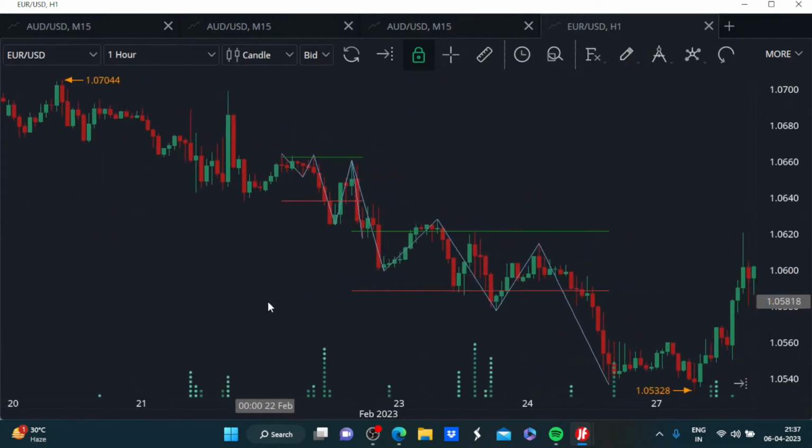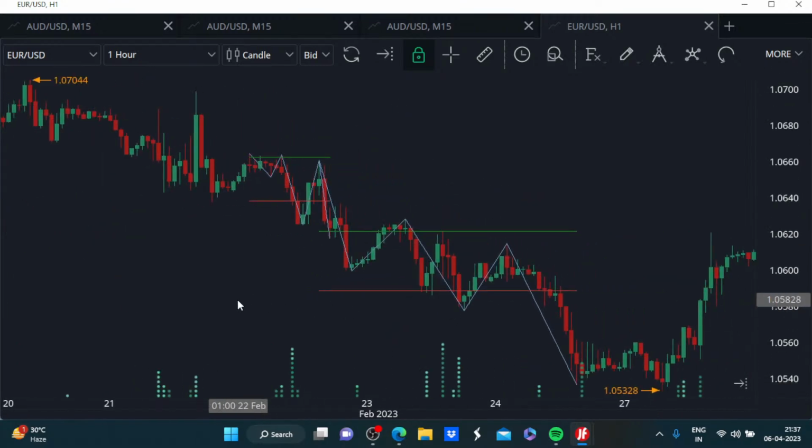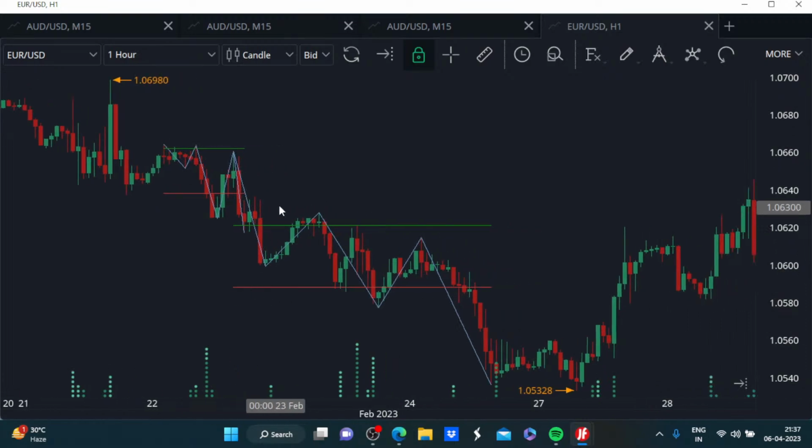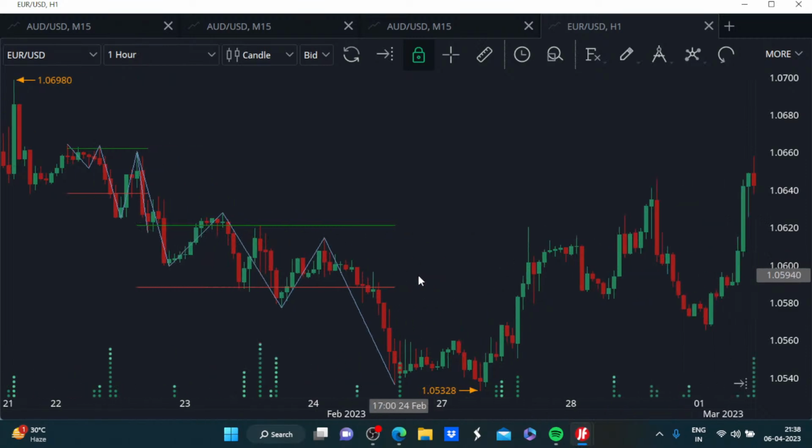So this is one such instance of this inverse rectangle formation. For a rectangle formation, we mostly use the horizontal lines, the levels defined by the support and resistance zone. But to invert it simply means to invert the concept on its head.